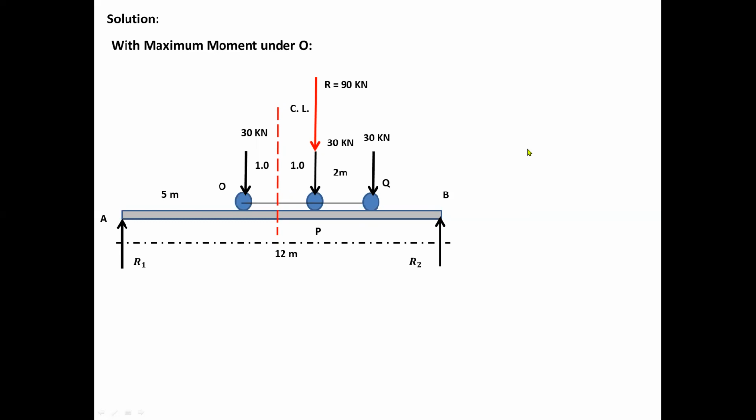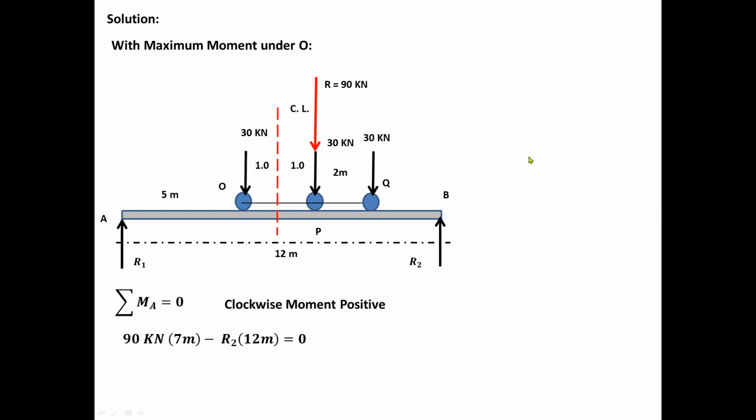So nasa center line na nga ang ating dalawang load, ang 30 kN na point O at ang point P kung saan nailagay ang ating resultant na 90 kN. Okay? So let's proceed. Again, summation moment at A is equal to 0, clockwise moment positive.